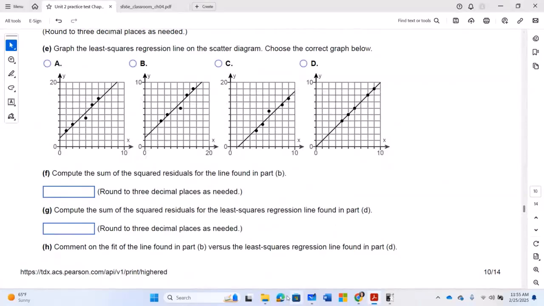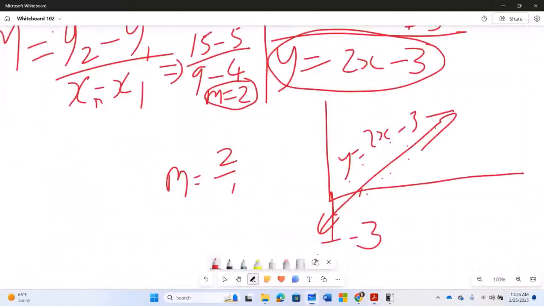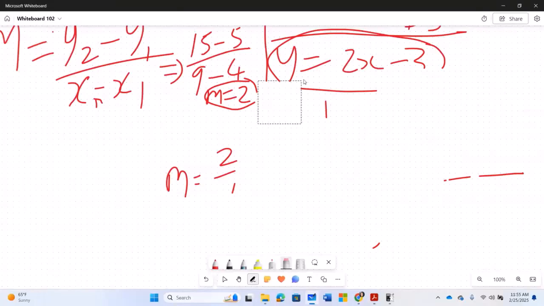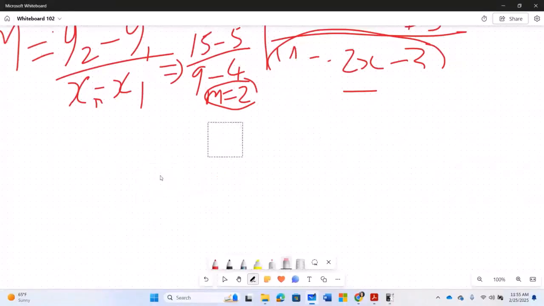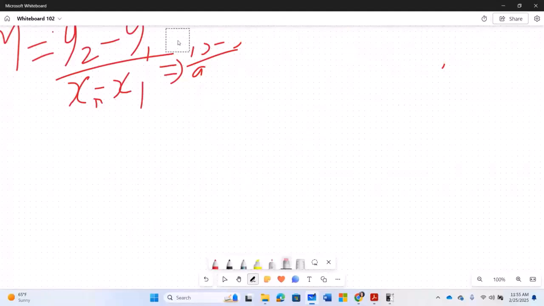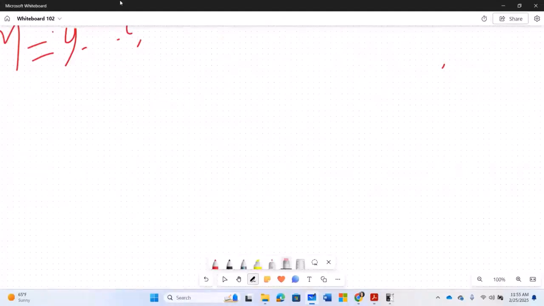By the way, what is a residual? Let's make sure we remember what residual is. Residual is observed y minus predicted y.